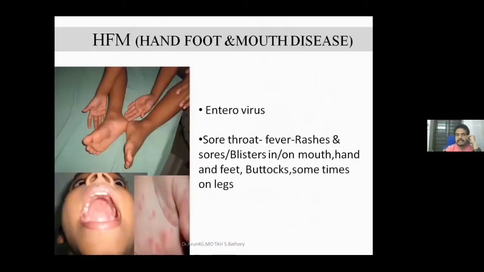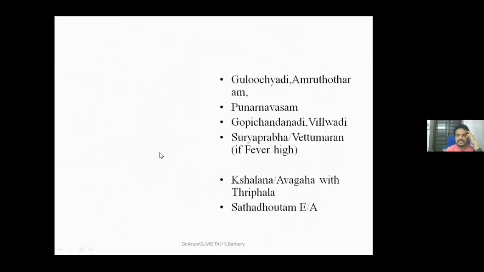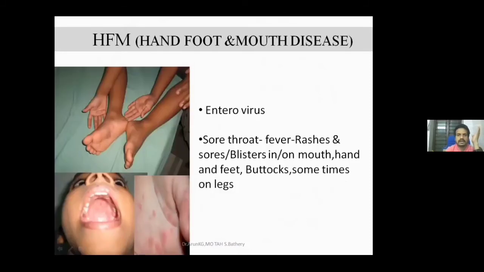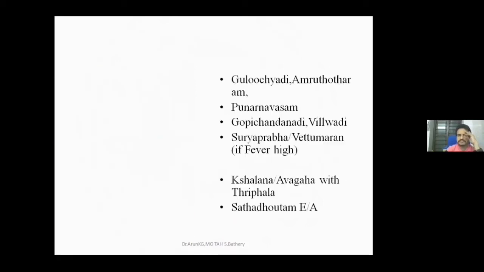Then HFM, hand, foot, mouth disease, which we usually get in children in our OPD. Here we have to check for red papules on the sole, palm, and hard palate. In some severe cases, lesions will be there on the forearm and leg also.